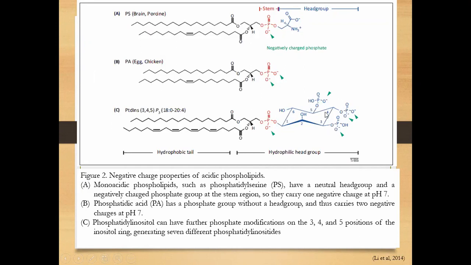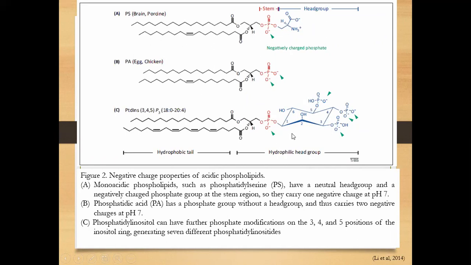This one, the inositol, has three phosphates. In certain situations, inositol can have only one phosphate, or you can have two phosphates (3,4-bisphosphate), or three phosphates (3,4,5-trisphosphate).